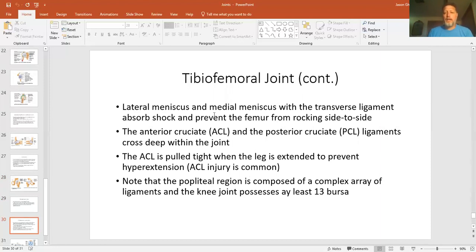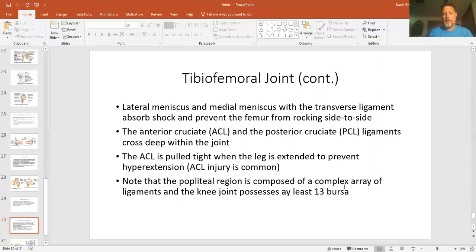And the knee, again, we have some menisci, lateral and medial, depending on which side they're on, and they prevent it from going side to side. We have the ACL and the PCL, so the anterior cruciate ligament and the posterior cruciate ligament. And these are inside, and they kind of crisscross. The ACL is pulled tight whenever you hyperextend your knee, so don't do that.